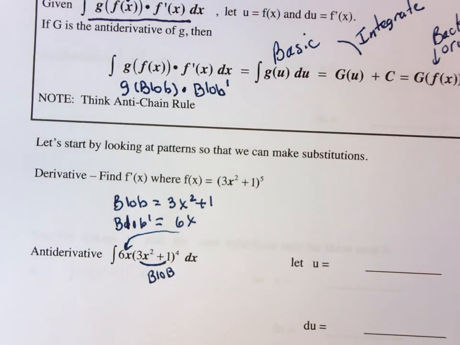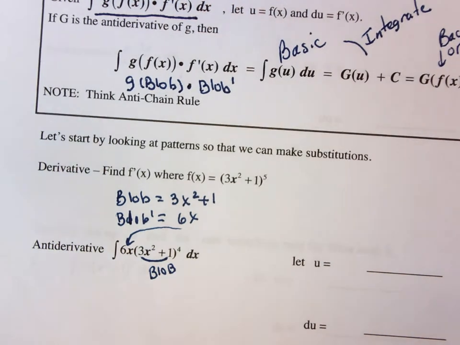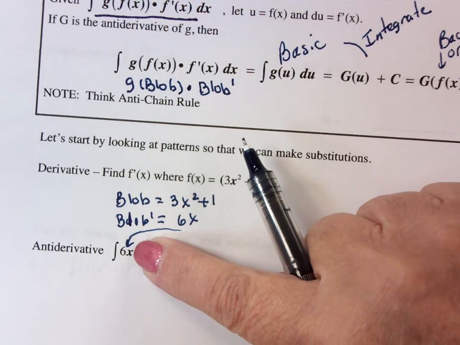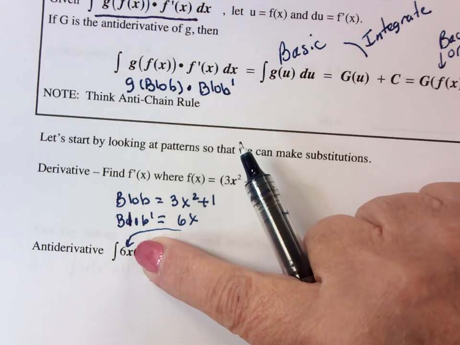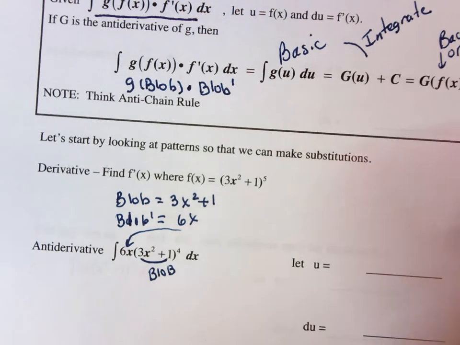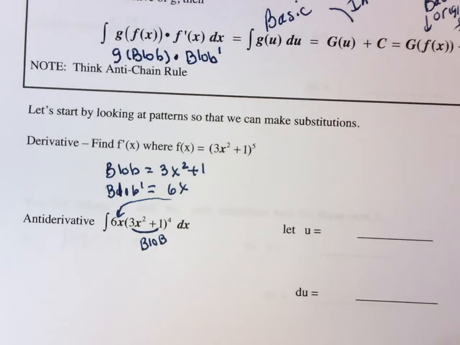That's blob prime. So that says, oh, this is a U substitution problem. How do I know that's a U substitution problem? I find the blob. I take the derivative of the blob. If what's left over is the derivative of the blob, I have a U substitution problem, where I let U be equal to the blob.